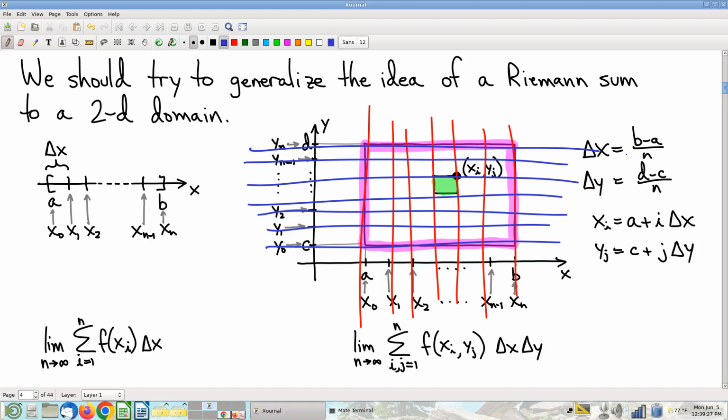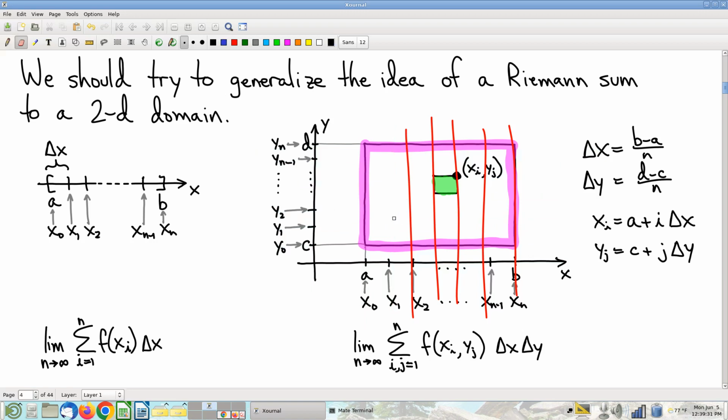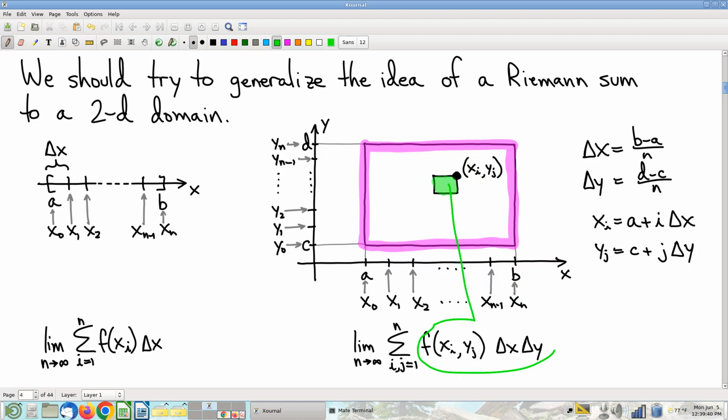We're going to look at one little sub-rectangle at a time, and I'm going to argue, I think pretty believably, that on this little piece, if I want to know how much mass there is in that piece, well, mass per unit area times area. If I want to know how many people live in that little county or what have you in Wyoming, then population per unit area times area.